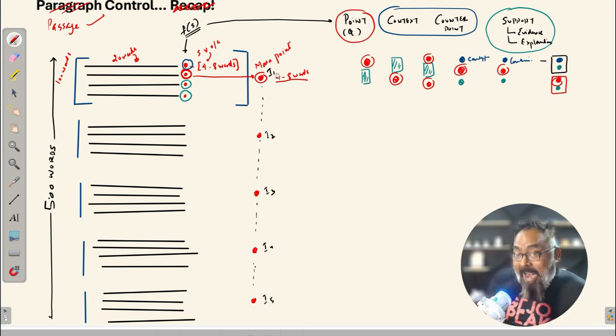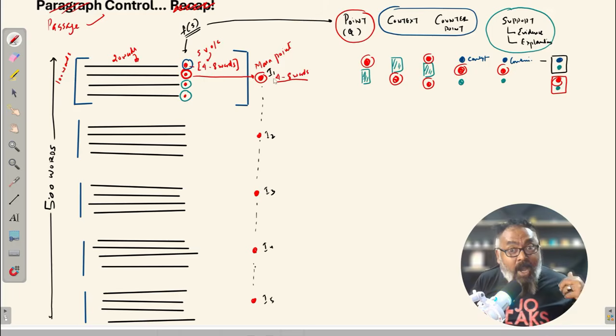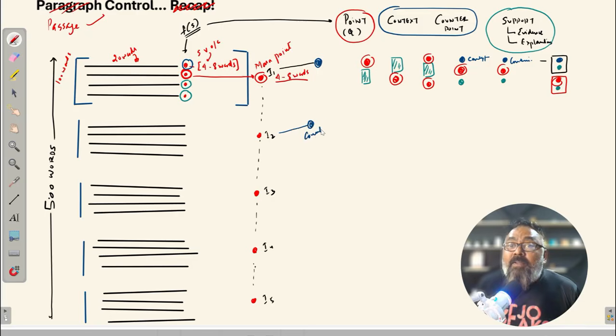Now that idea in itself, this particular idea number 1, could be the context. And idea number 2 might be giving, based on that particular context, a counter view that eventually the paragraph is going to address. Maybe paragraph number 3 is giving something that supports that counter view.